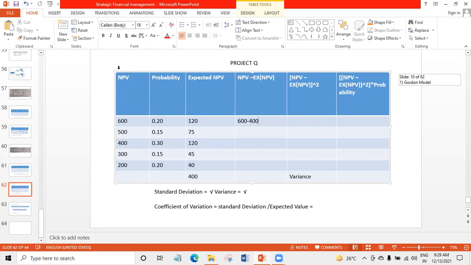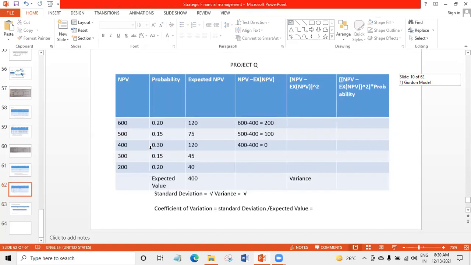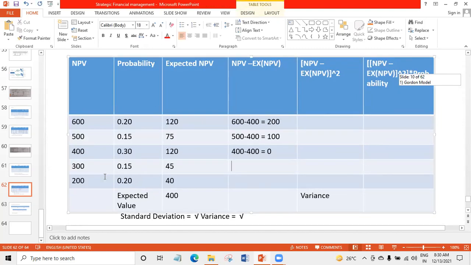Now NPV minus expected value: 600 minus expected value, 500 minus expected value, 300 minus 400, minus 100, 200 minus 400, minus 200.